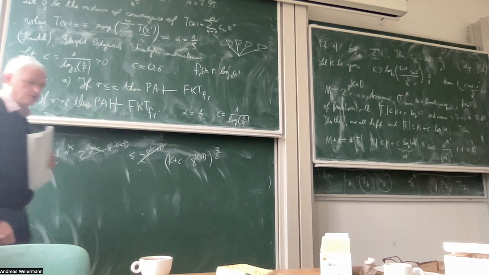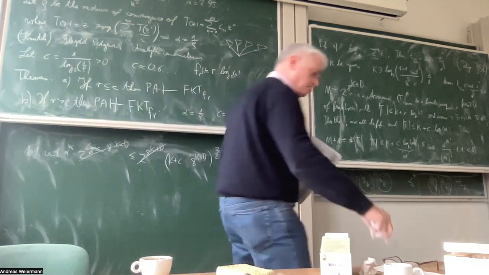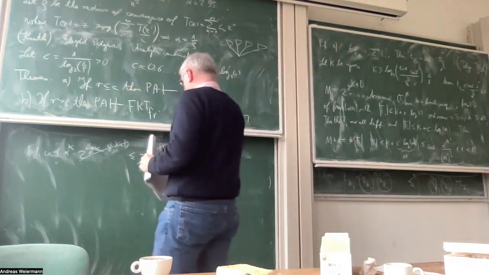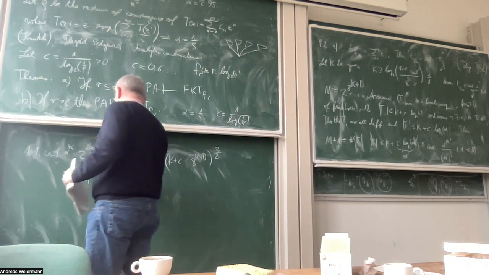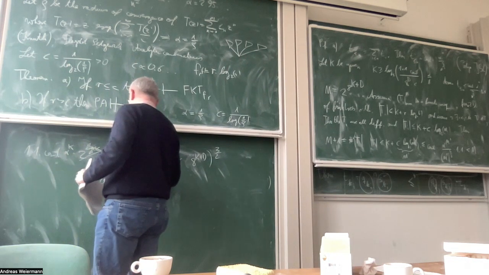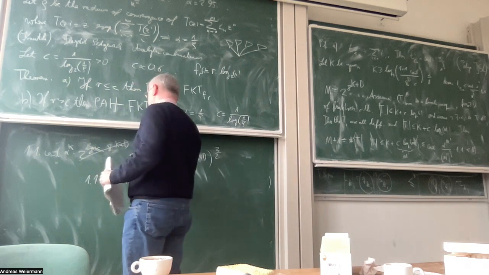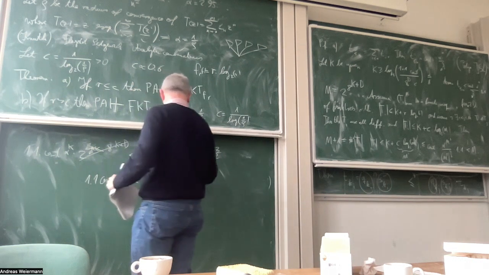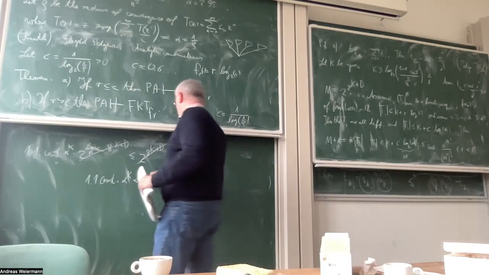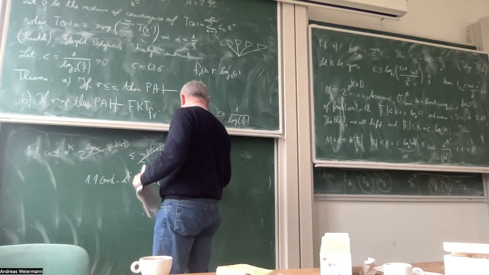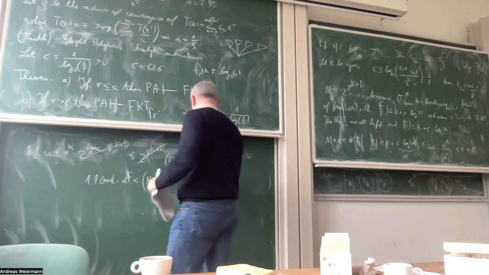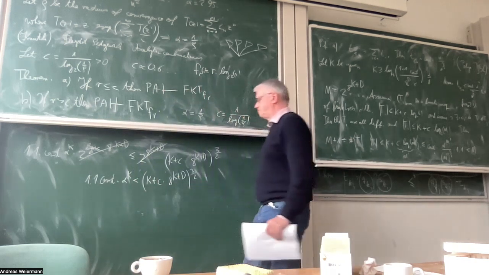So what do we have to show? We have to show that 1.1 times constant times alpha to the k is bounded by this one, to the 3 over 2.